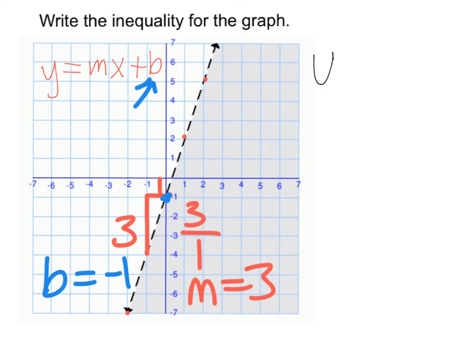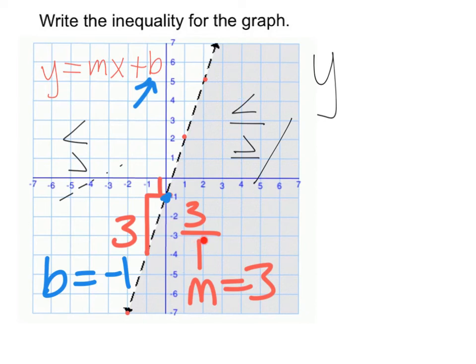I have y. I need to figure out my inequality. So it's a dashed line. That means that it's not going to have the equal sign. Remember, if we have less than or greater than, those lines are dashed. Less than or equal to, greater than or equal to, that's when we have the solid line. To figure out which one, we look at the shading.